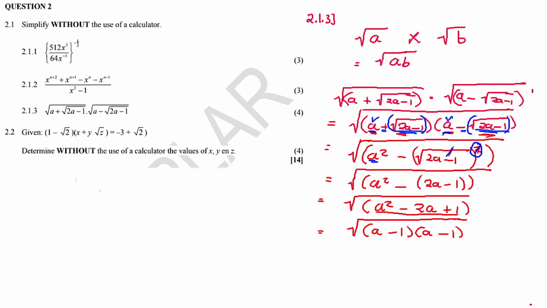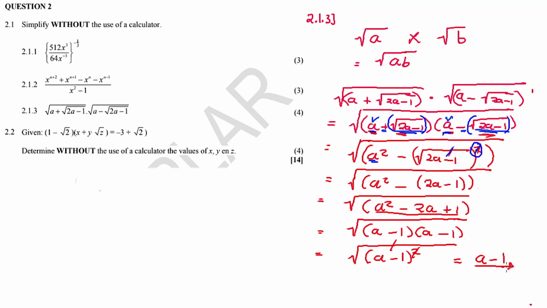So this is how you get the factors for a trinomial. Since the brackets are the same, instead of writing them as a minus 1 times a minus 1, we can just say a minus 1 squared, so that I can simplify this further, so that the square root cancels out that squared. A minus 1. This is our final answer.